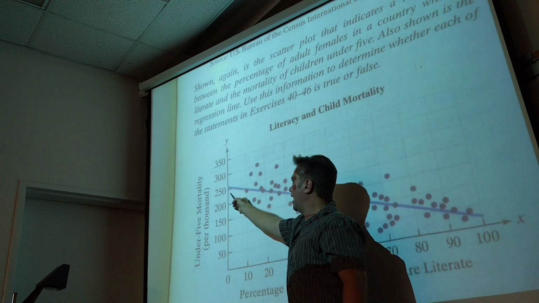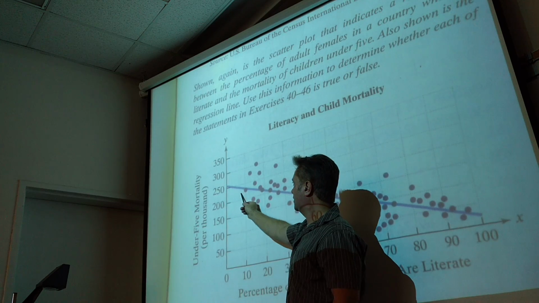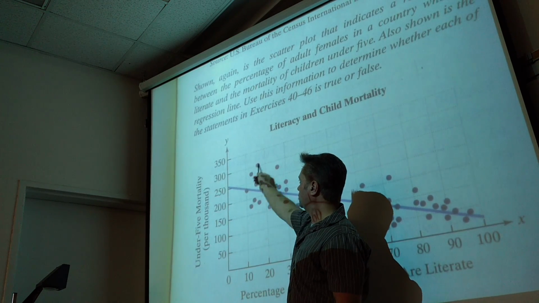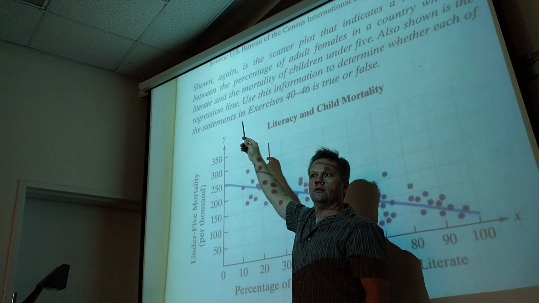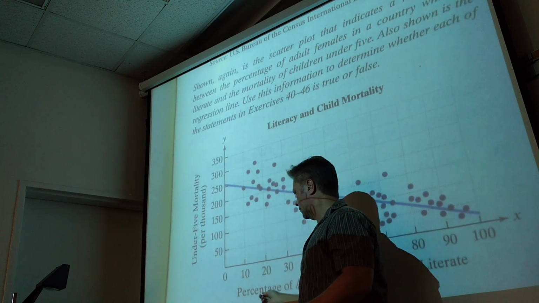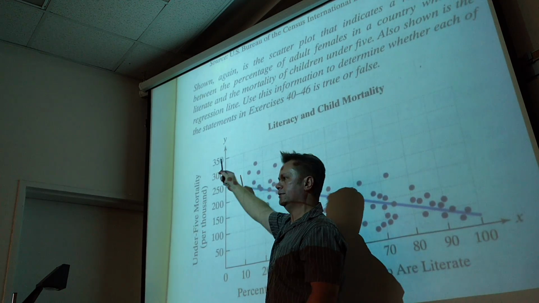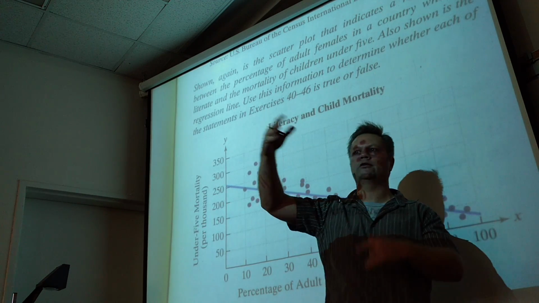Do they have the highest infant mortality rate? Does nobody else go higher than this? No, all these points do here. They go higher, don't they? So the point being made there speaks to the fact that this doesn't cause this to happen, because when you make this the lowest, it doesn't make that the highest. There are others that are higher for other reasons.